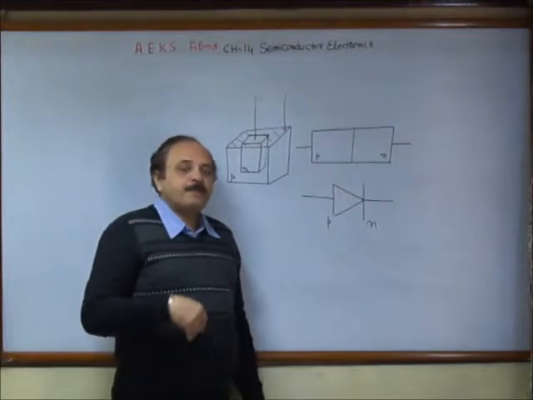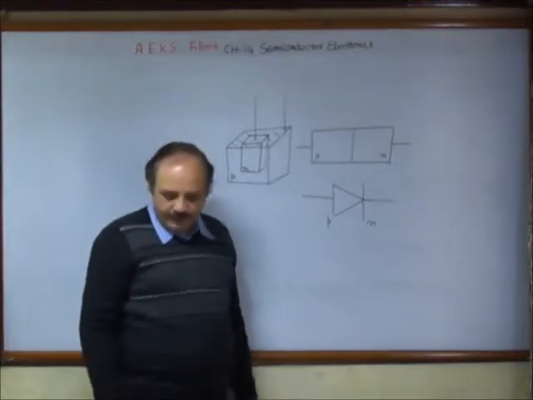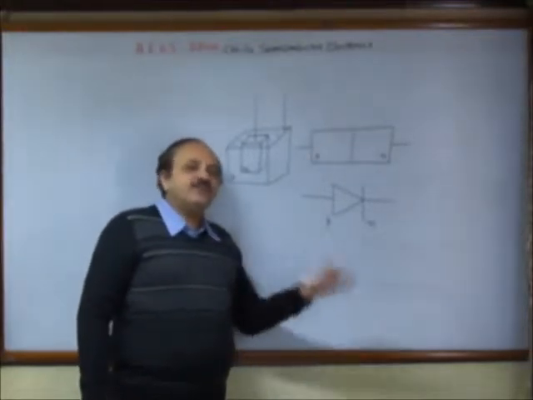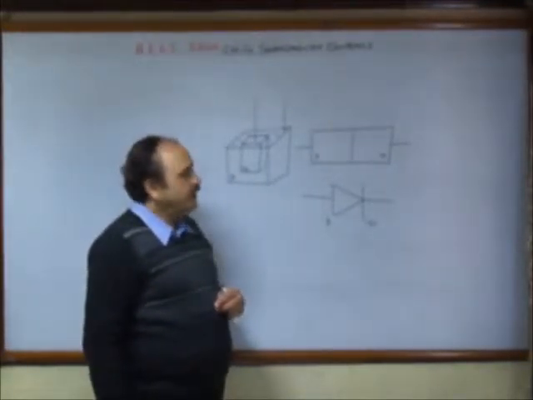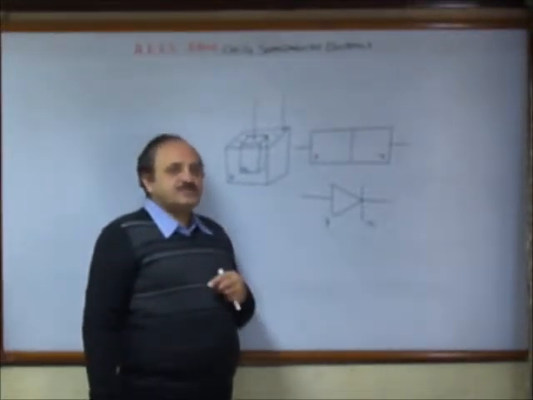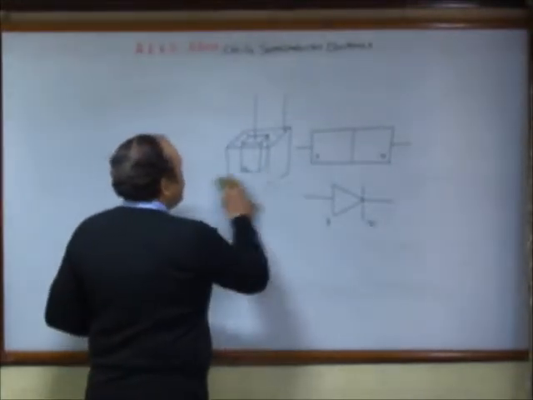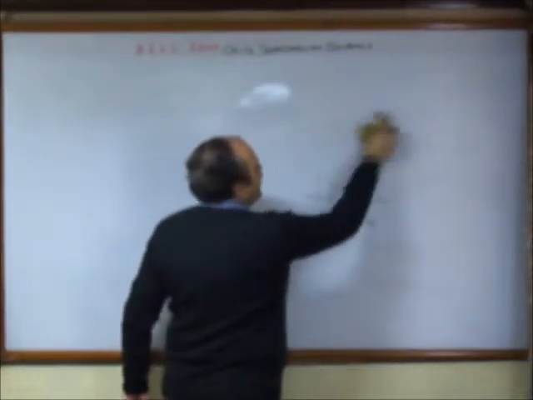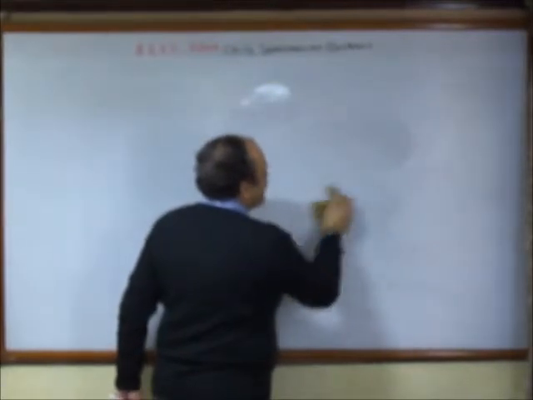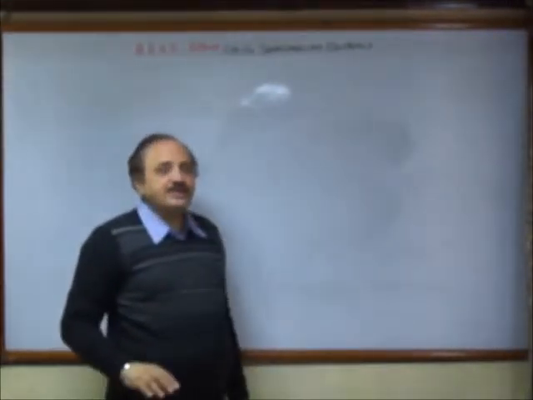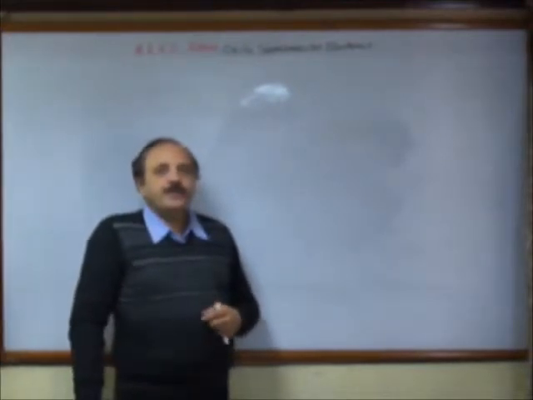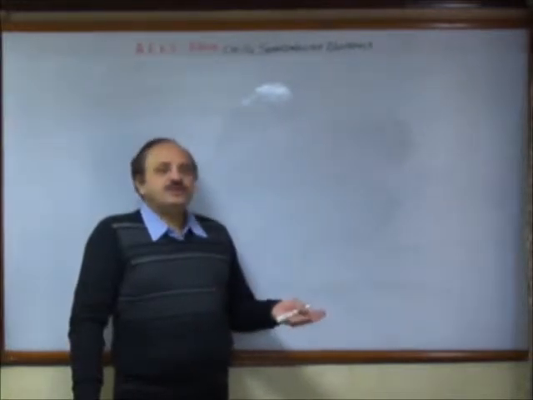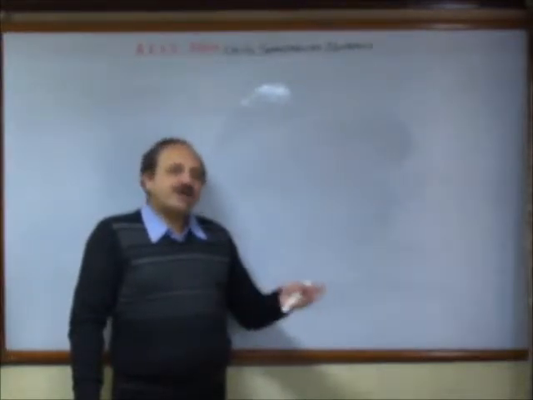Before we go to the working of a diode, I would like to explain how the P and N regions are there and what are their energy diagrams. In the last lecture, we discussed that extrinsic semiconductors are the materials which are doped with impurities of the 13th group for P region and 15th group for N region.